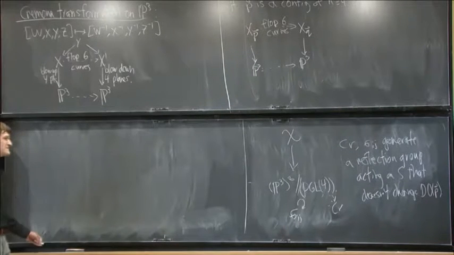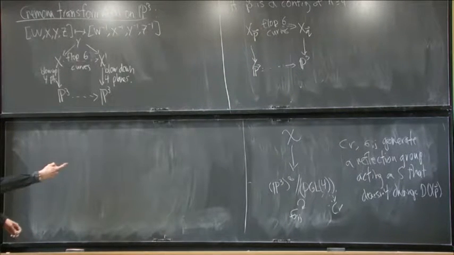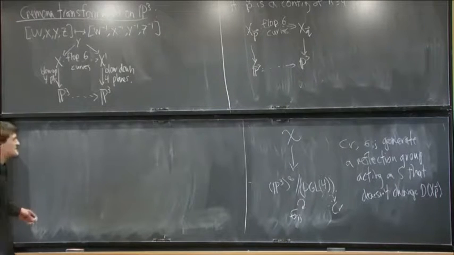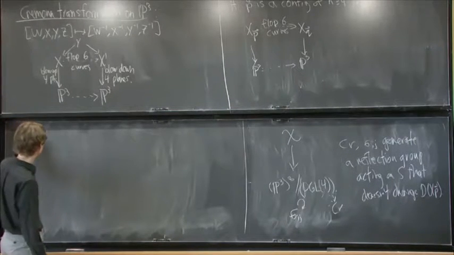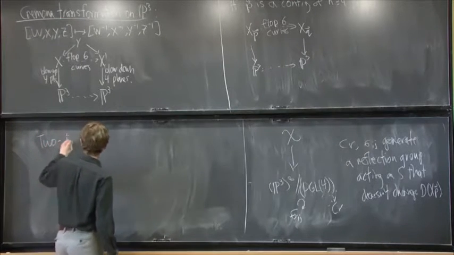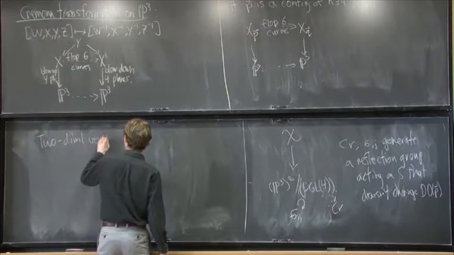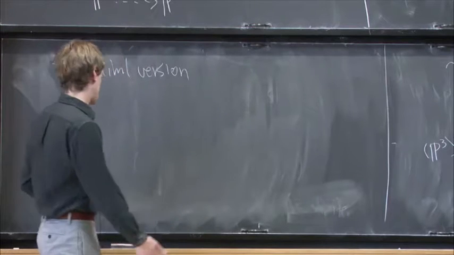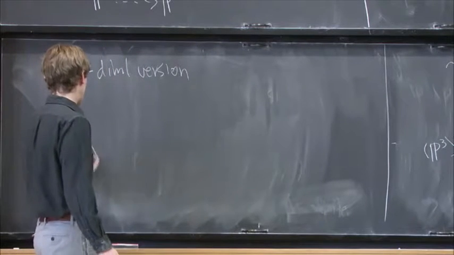So let me just point out the two-dimensional version of this picture, because I think it's sort of fun too, even if not exactly relevant. So there you get some space of 9 tuples of points in P2.